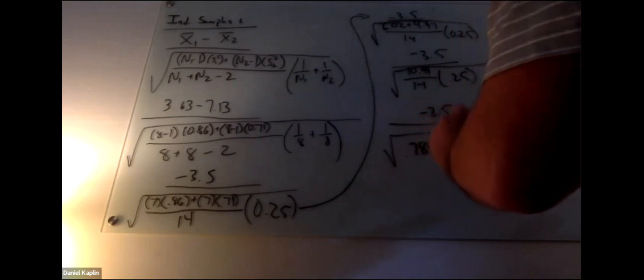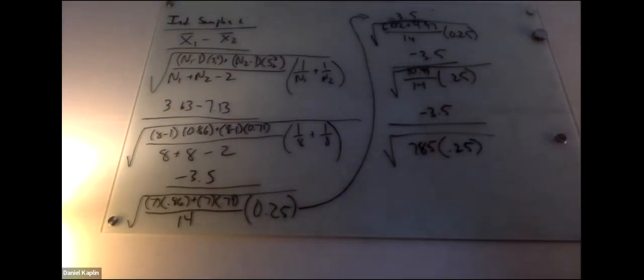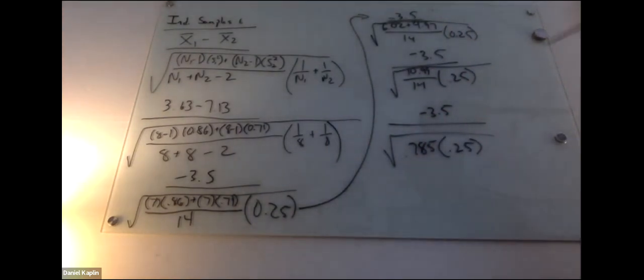0.785 times 0.25. Okay. So now the next thing we're going to do, before we can do the square root, we have to figure out, well, what is this value? So times 0.25.